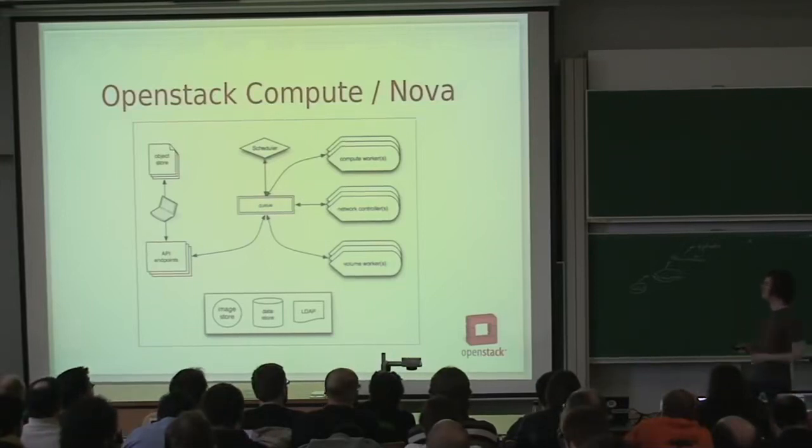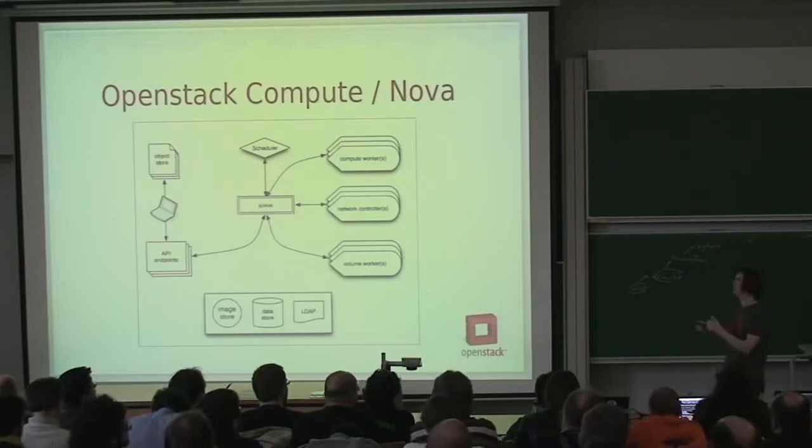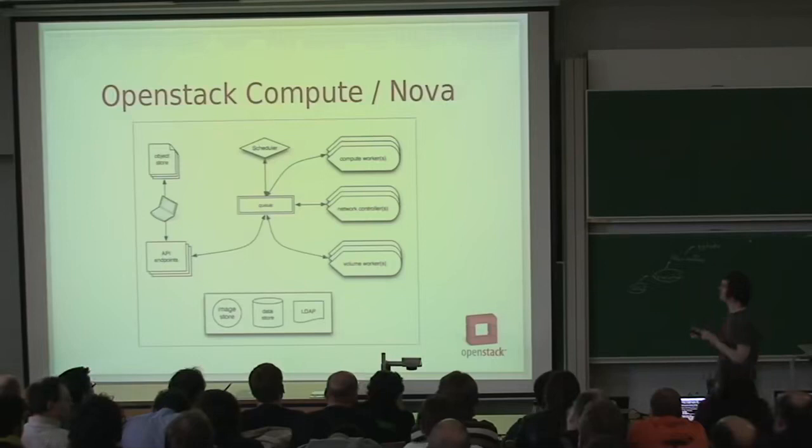I'm perfectly happy saying that it's very, very crude, even though I wrote most of the current implementation. It's really not to be trusted. We hope to replace that entirely with Swift or Glance, which is an image registry and cache and stuff. Let's just ignore that for now and focus on what we have here.